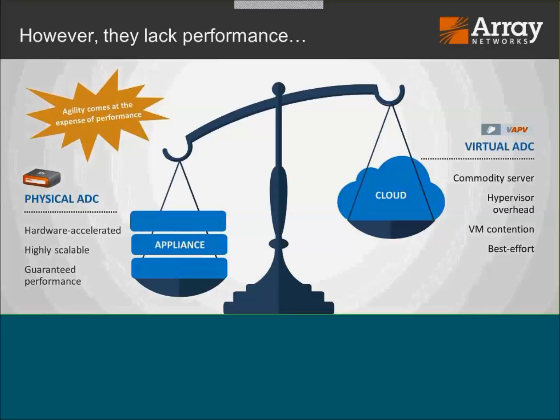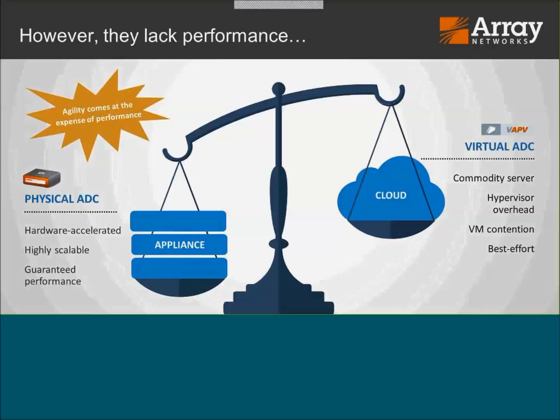So we look at this graphic I have here, and you can see that the physical ADC benefited from hardware-accelerated components, very scalable, guaranteed performance. But if you look at when you deploy a virtual ADC or a virtual load balancer on a commodity server, it's a commodity server. It's not purpose-built. It doesn't have the specialized accelerator components and things of that nature. Also, it's running a hypervisor.